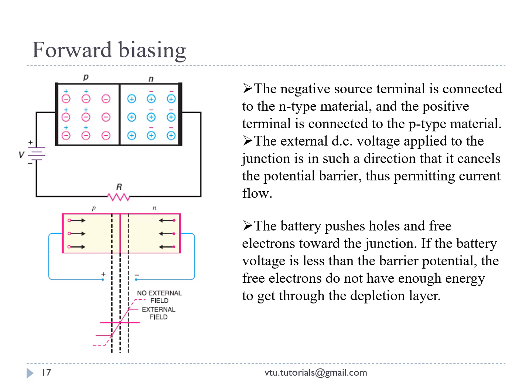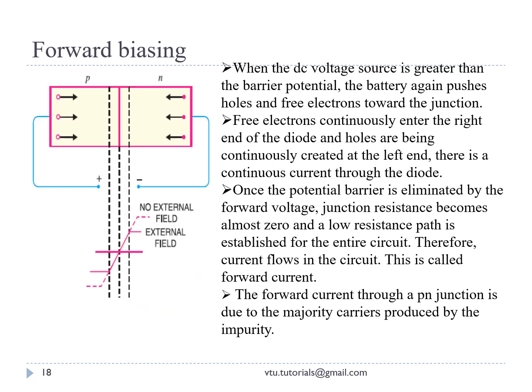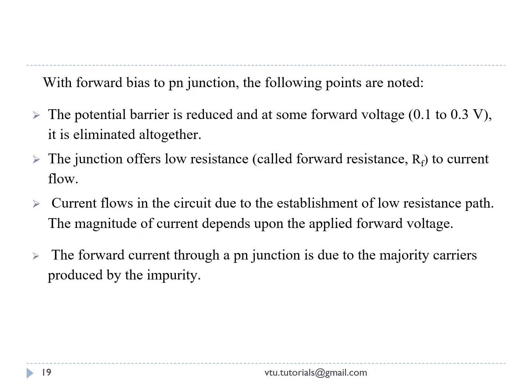The magnitude of the current flowing in the junction depends upon the applied voltage and the density of the charge carriers. Forward current through a PN junction is due to the majority charge carriers produced by the impurity.